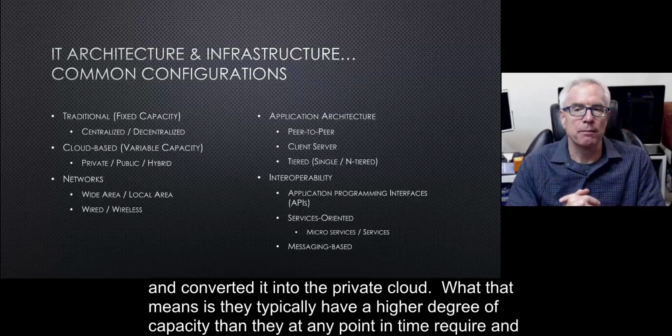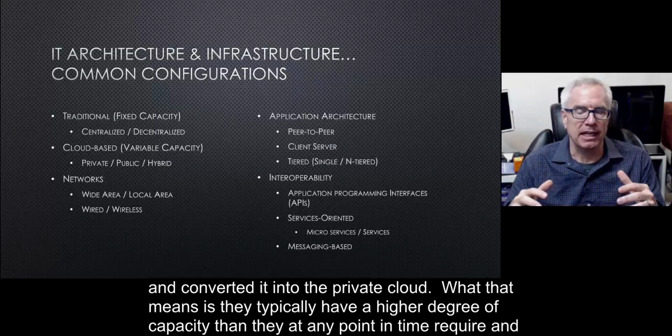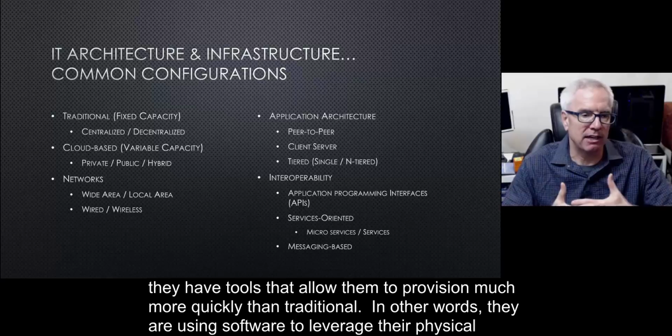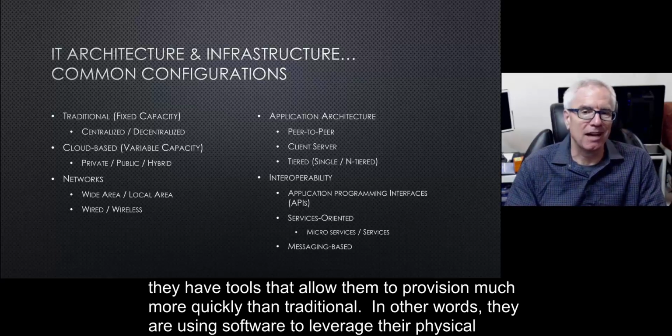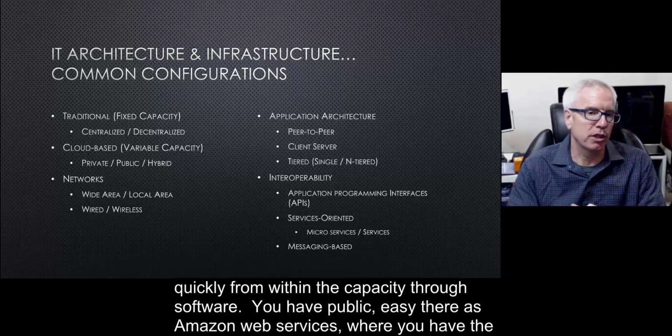What that means is they typically have a higher degree of capacity than they at any point in time require, and they have tools that allow them to provision much more quickly than traditionally. In other words, they are using software to leverage their physical infrastructure. They have capacity that would allow them to provision quickly from within the capacity through software.